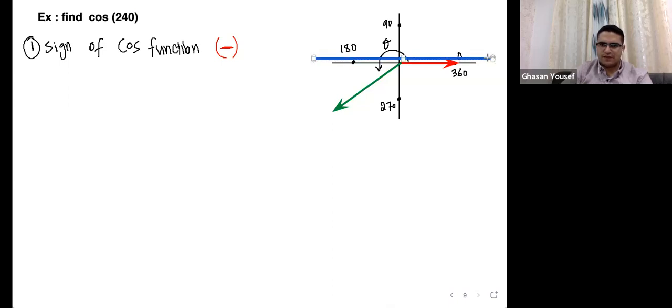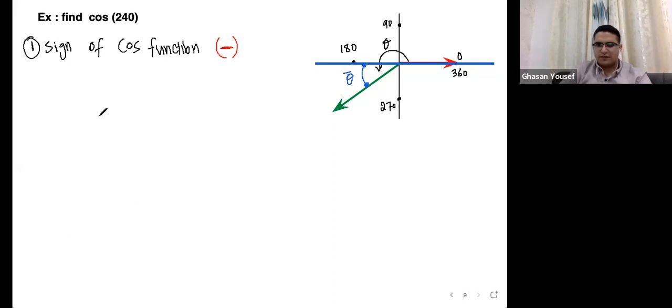This is my x-axis first of all. And the green arrow is my terminal side. So my reference angle is the angle between the x-axis and the terminal side. So here, this is my reference angle.